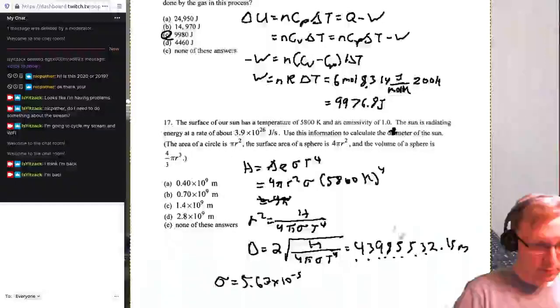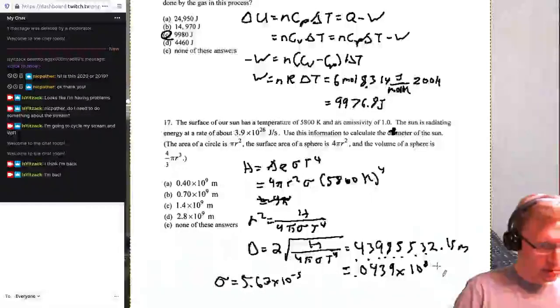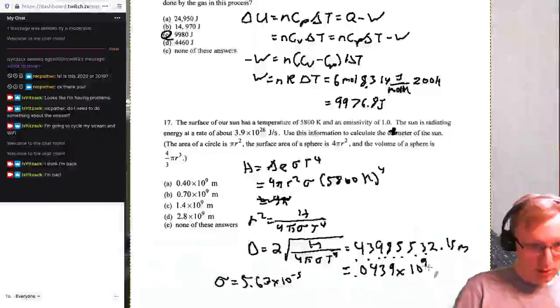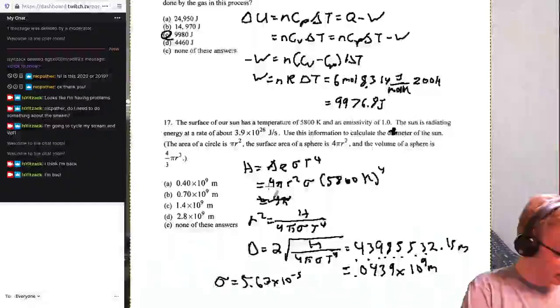That's not good. 0.0439 times 10, whatever, times 10 to the 8. Oh, no, that's times 10 to the 9 meters. Interesting, says I. Let me double check, make sure I told the calculator things correctly.